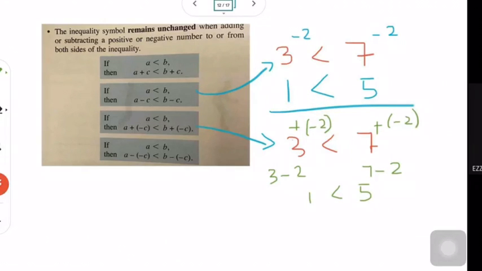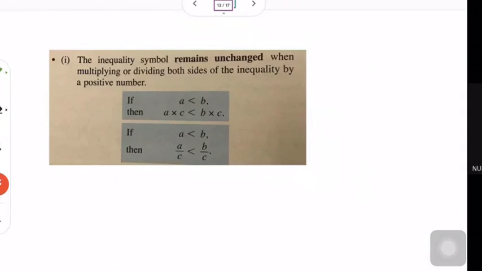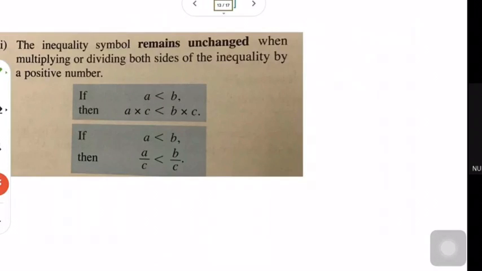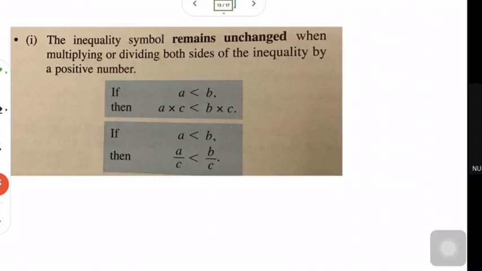Understand that? Understood. Yes. What about this one? When you multiply or divide. Okay, tadi kita kata tambah dan tolak. When we add or we minus, the sign doesn't change. But what if we do multiplication or division? We divide or multiply the values. Okay.